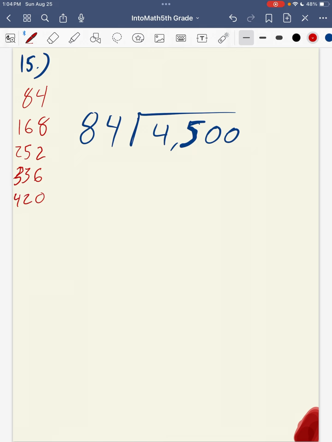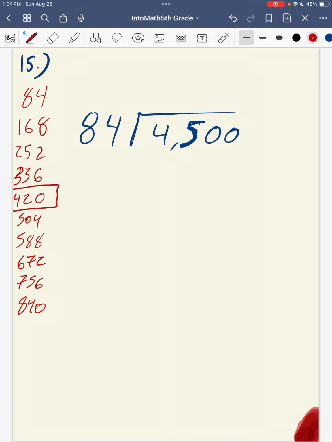Plus another 84, 420. Plus 84, 504. 504 plus 84, 588. Plus 84, 672. Plus 84, 756. Plus 84, 840. All right, first 10 multiples.